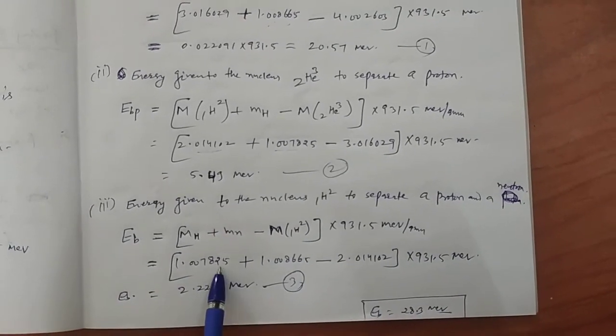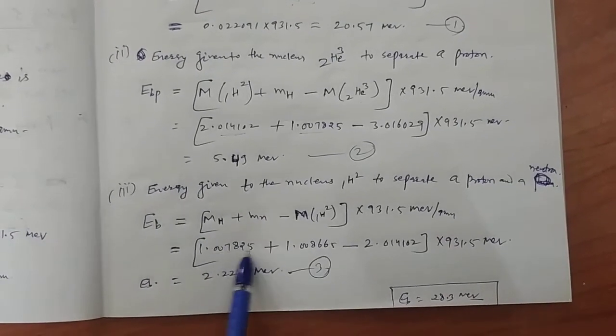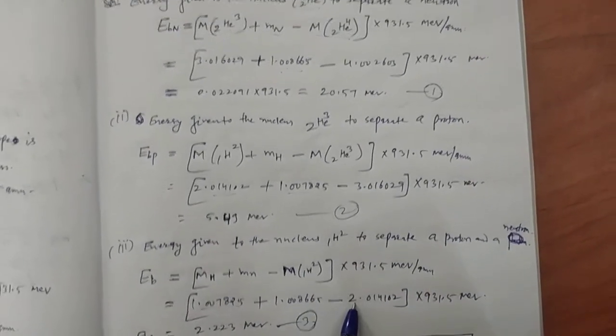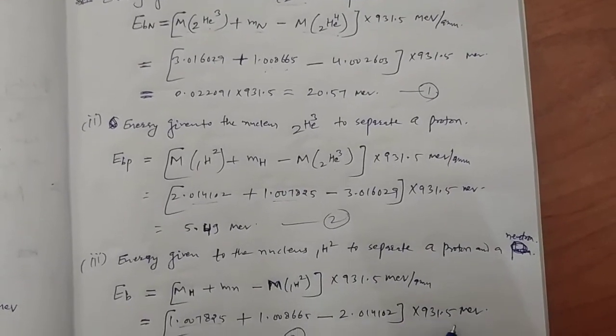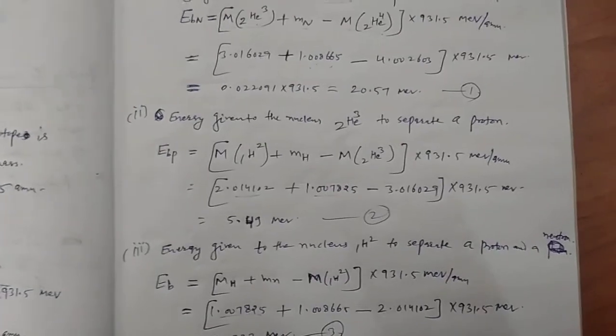This is given, this is also given, and the mass of 1H2 is also given, 2.01410. Multiplying by 931.5, finally we get 2.223 MeV.